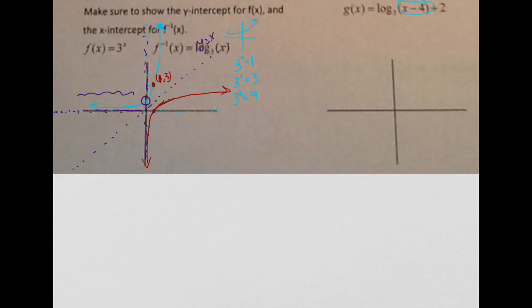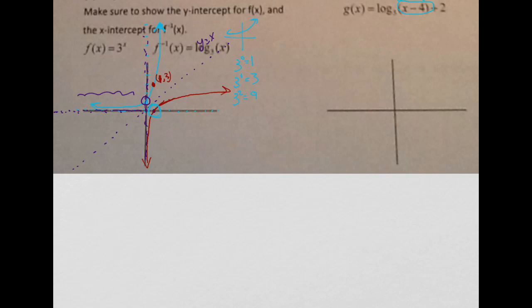If it's inside the parentheses like that, right up next to your x, that is going to be a horizontal translation. You can think about that because it is right up next to an x value, and x is going back and forth in the horizontal direction. So this is the weird one where the subtracting of 4 actually moves our graph to the right 4, but that's okay. All I need to do is think about these key points.